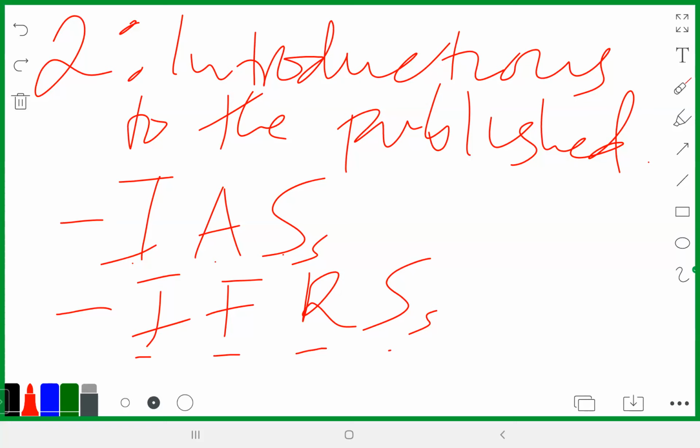So the international financial reporting standards are introduced to you, and they are explained in detail in this part.